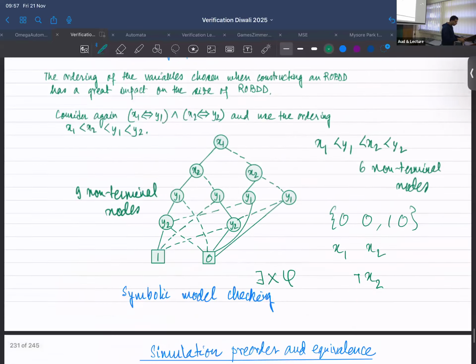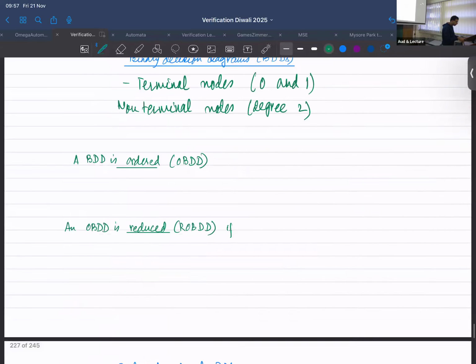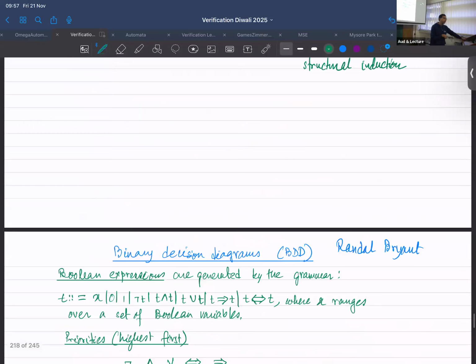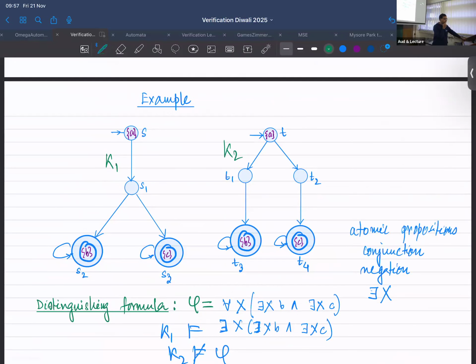If the challenger is in K2 and the defender is in K1, K1 can't simulate, so these are also not simulation equivalent, because K2 cannot simulate K1, and they are not bisimilar either.